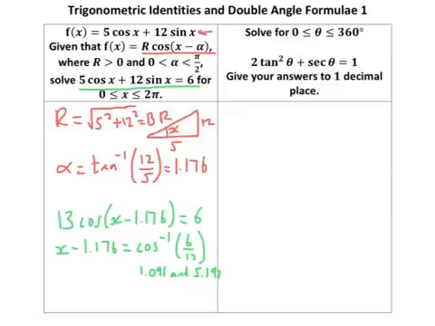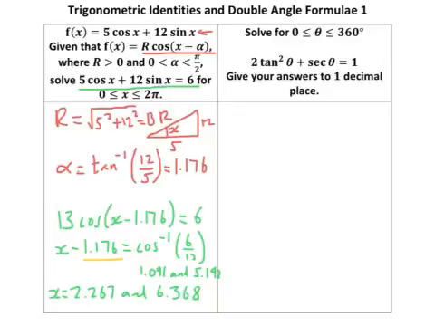Now I've got to add 1.176 to both. So we get x equals 2.267, excellent, and 6.368, oh dear. The reason that's an oh dear is because that's not within our range.